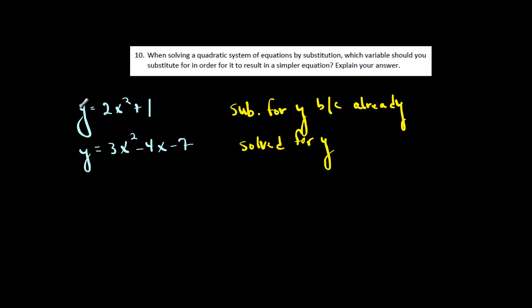If it's already in the form y equals something and y equals something, you're going to want to take all of this and substitute it in for y over here. It wouldn't make any sense to solve for x here in terms of y and then stick that in for x, because that would be a pain. You'd have to subtract 1, divide by 2, take the square root of both sides. You'd have square roots of stuff, and it would just be nuts. You wouldn't want to do that. It's already solved for y, so substitute for y.